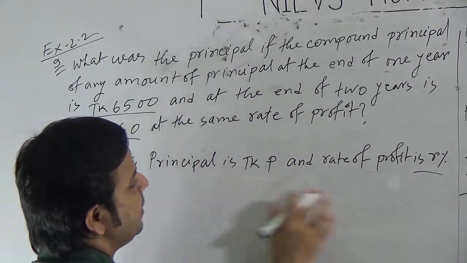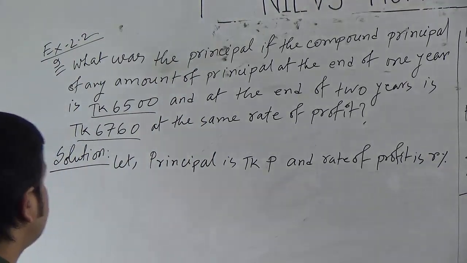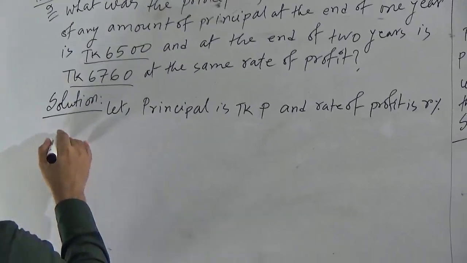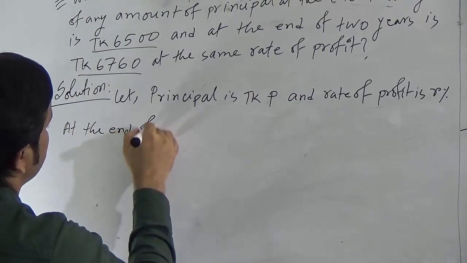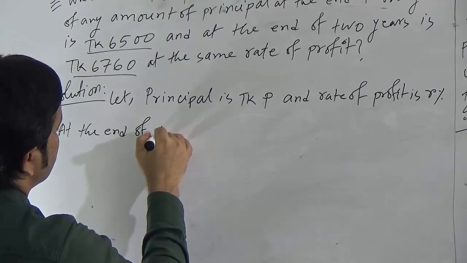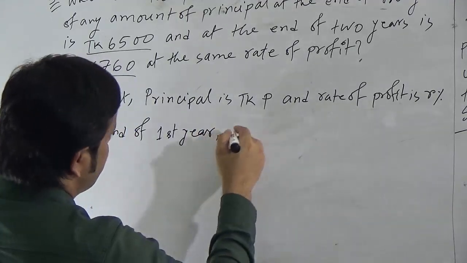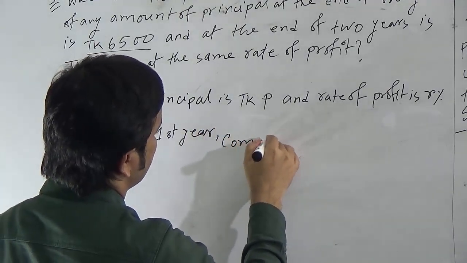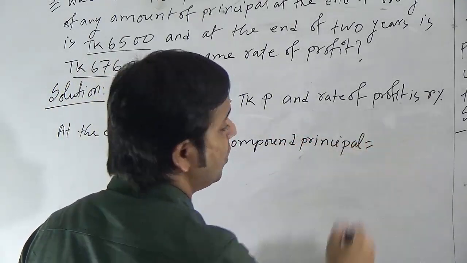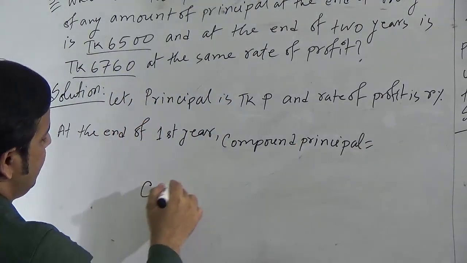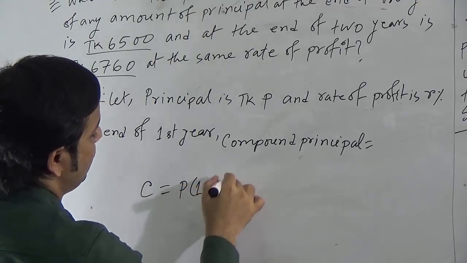So we can write, at the end of the first year, compound principal equal to, dear students, you know compound principal C equals P into 1 plus R whole to the power n.